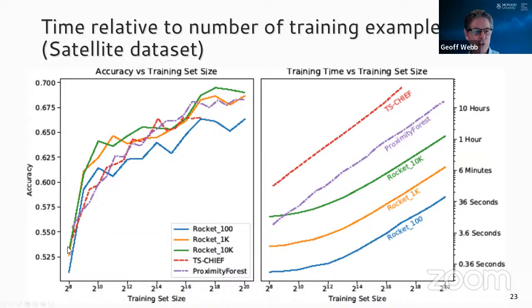And you can see that Rocket, as we increase the training set size, green is Rocket with 10,000 features, dominates the accuracy at most training set sizes. So not only is it much faster than TS Chief, which was the then state-of-the-art in scalable time series classification, it's also substantially more accurate.